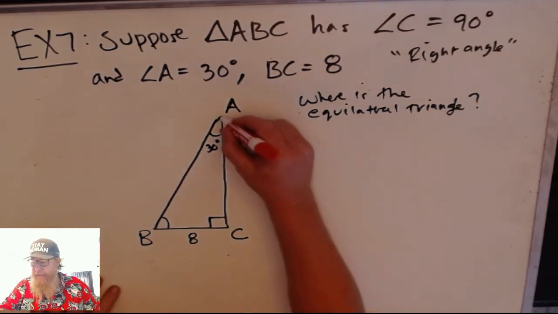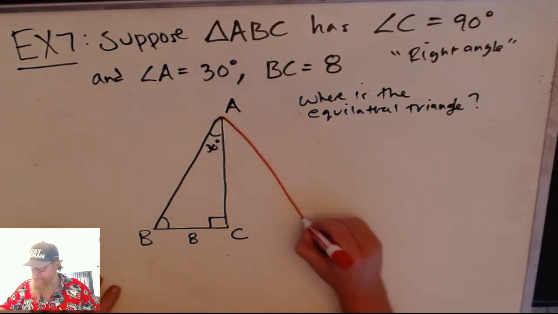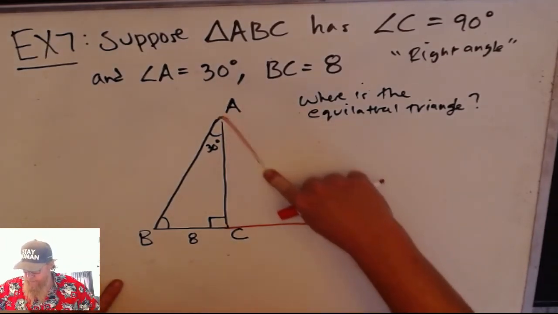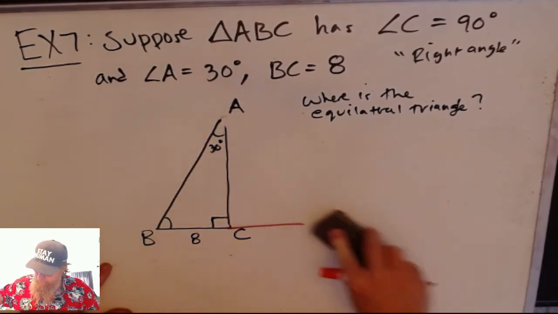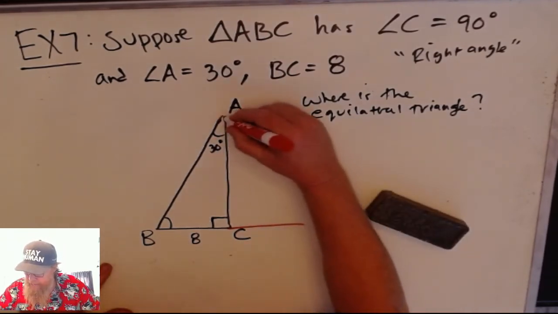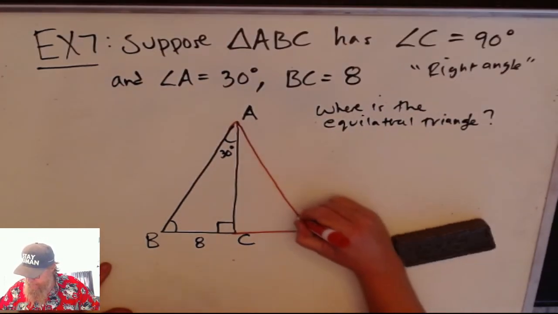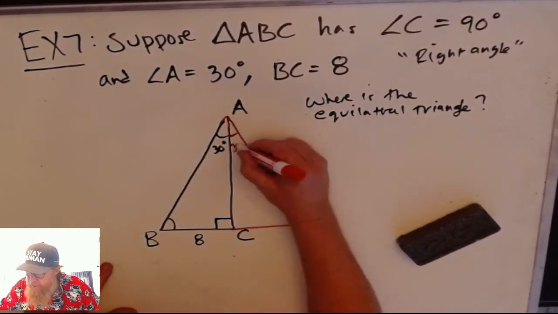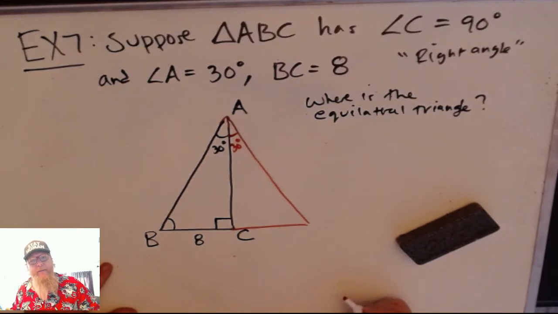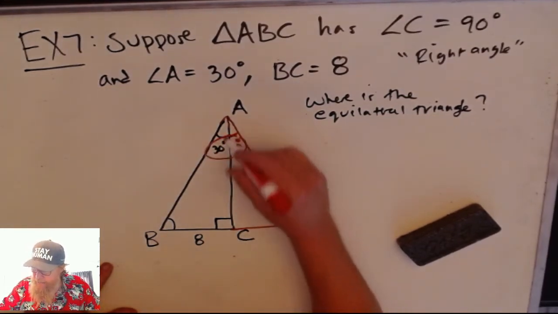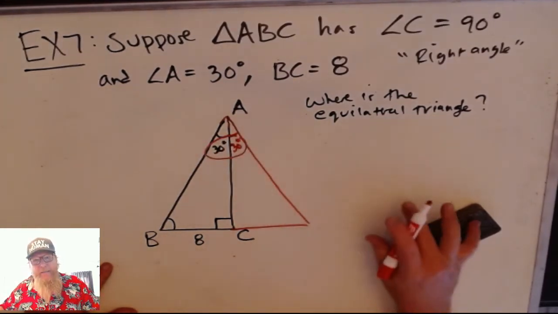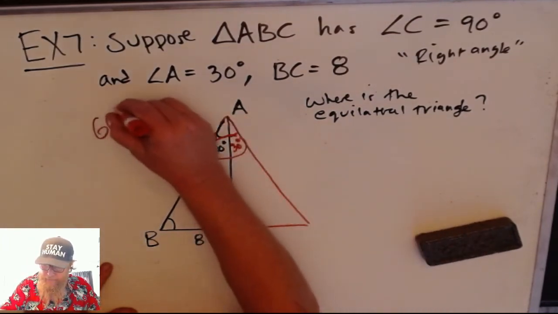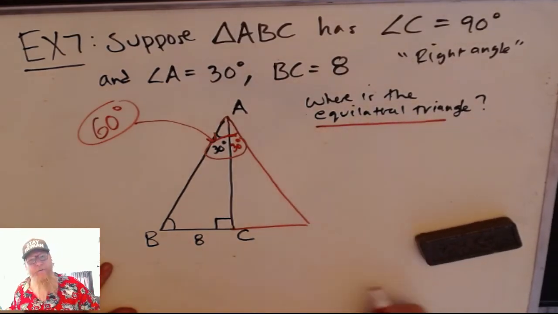Well, you got to extend this side so that you add another 30 degrees here. And now this becomes 60 degrees. Now it's equilateral.